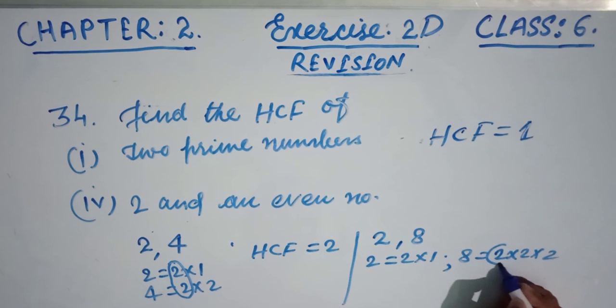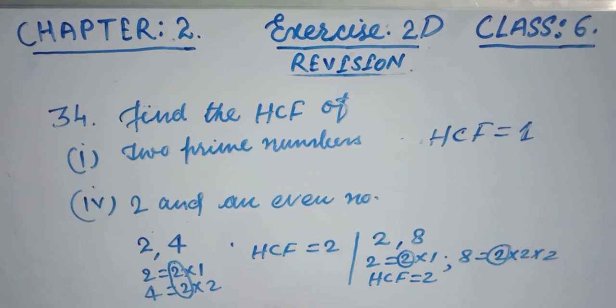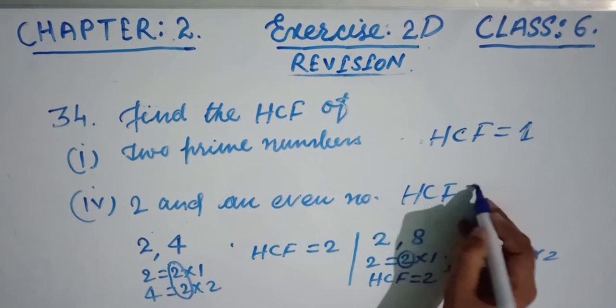Look at the highest common factor: it is 2. Hence the HCF in this case is 2. Hence we can say the HCF of 2 and an even number is only 2, friends.